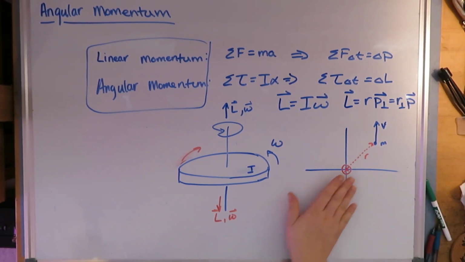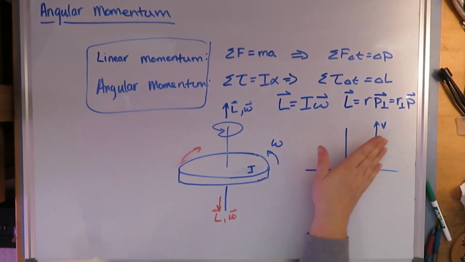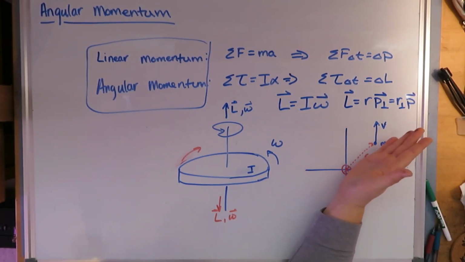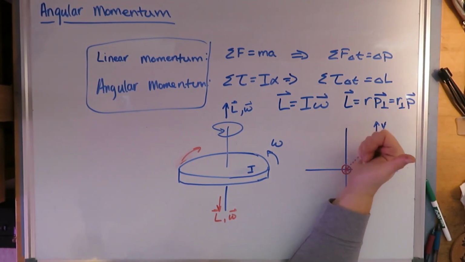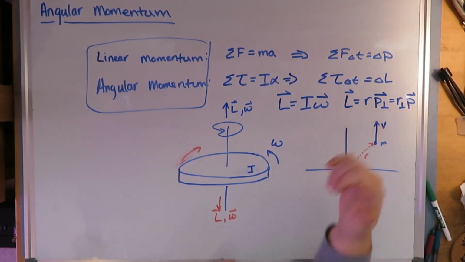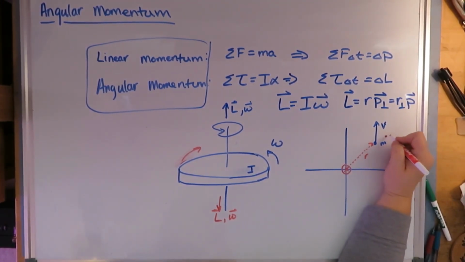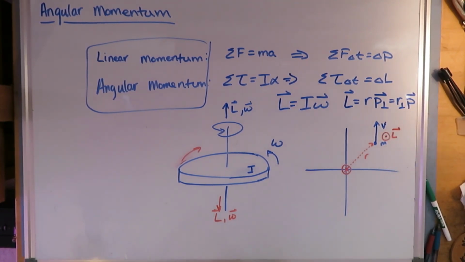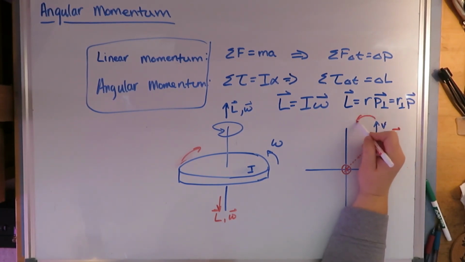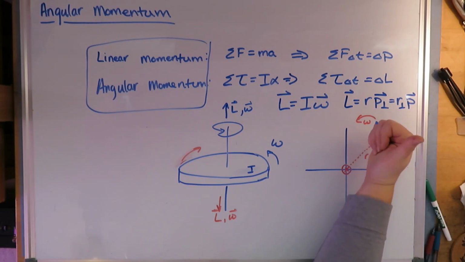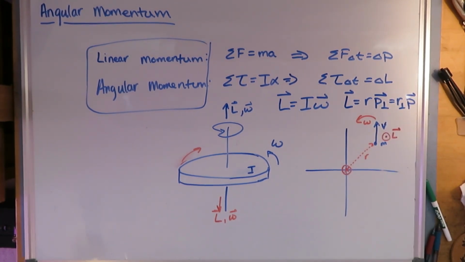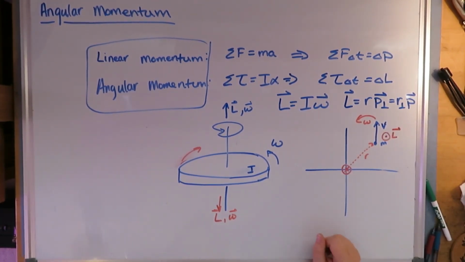If I point my fingers in the direction of R and rotate my palm in the direction of the velocity, I end up with my angular momentum pointing up out of the page, because the angular velocity associated with this motion would be a counterclockwise angular velocity, which is the same thing as out of the page.